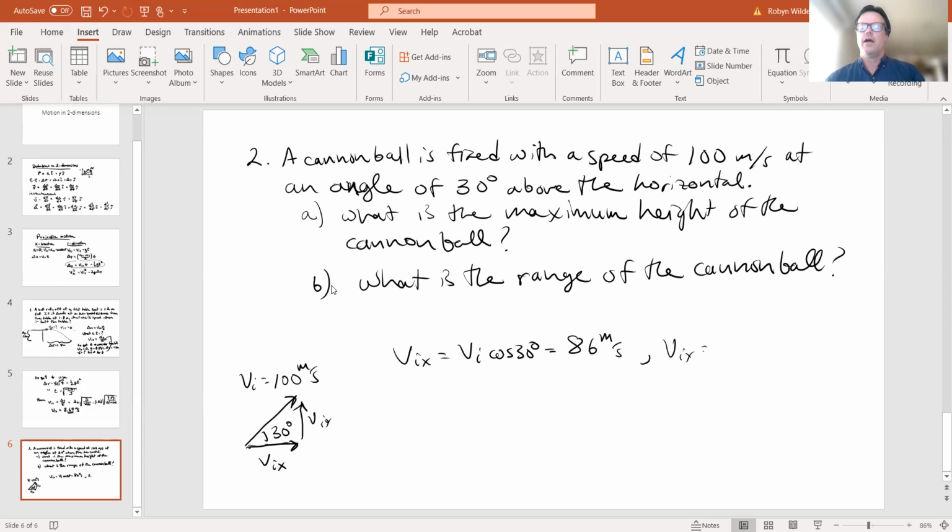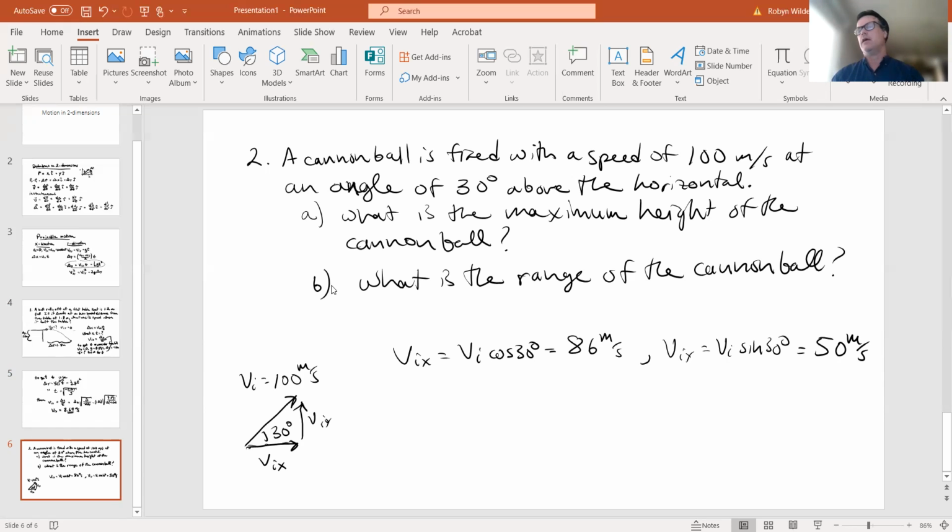And then VIY is the VI sine of 30, because again, it is the opposite side of the 30-degree angle. Plugging in my 100 meters per second and 30 degrees, you should get 50 meters per second. But otherwise, this problem is very similar, right?